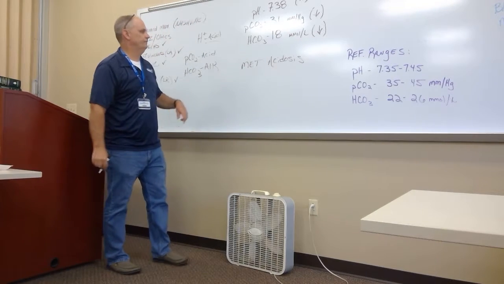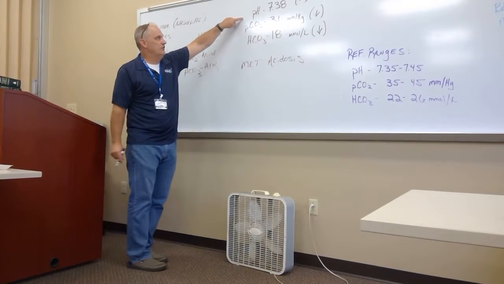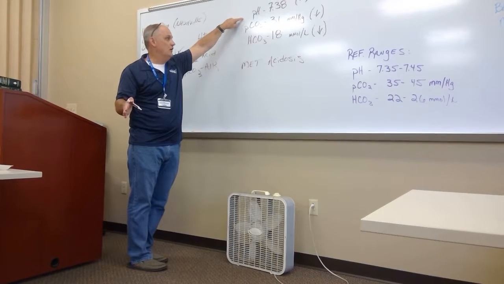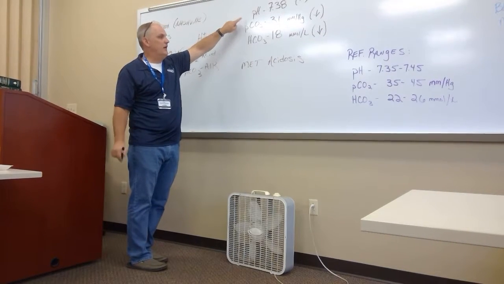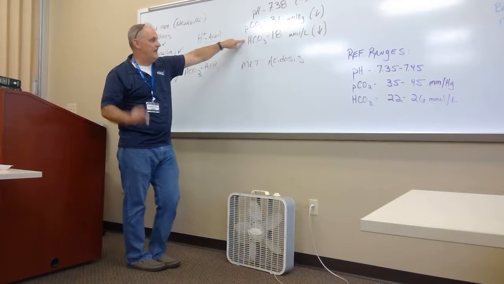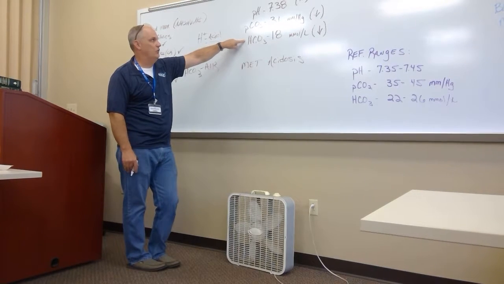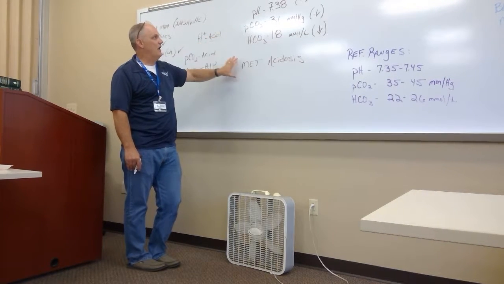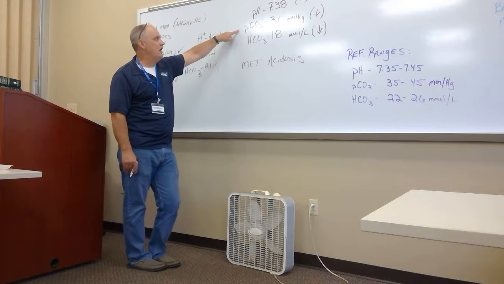Okay, so it's compensated because it's within the normal range now. But we're going to go metabolic. As far as the HCO3, that has to do with metabolic, that's low. The PCO2 is also low. It's metabolic acidosis and the body is compensating. What can make the CO2 go low?